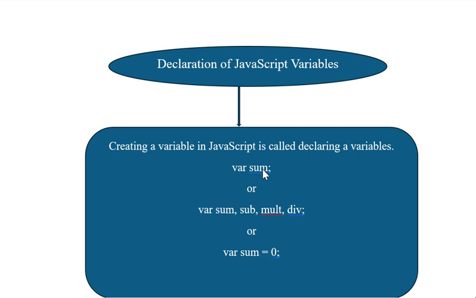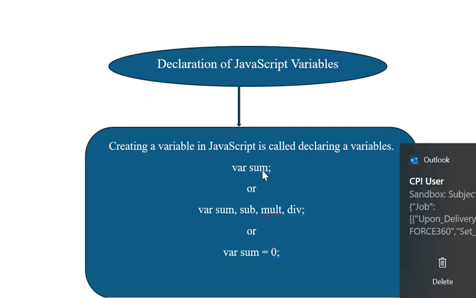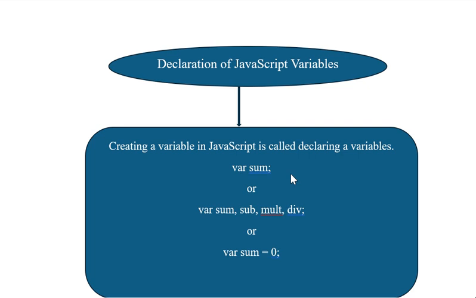Once we have declared the variable like this in JavaScript, what will the JavaScript runtime environment do? It will create some memory, assign an undefined value, and provide a reference ID. So sum is the variable which can store some data or information.